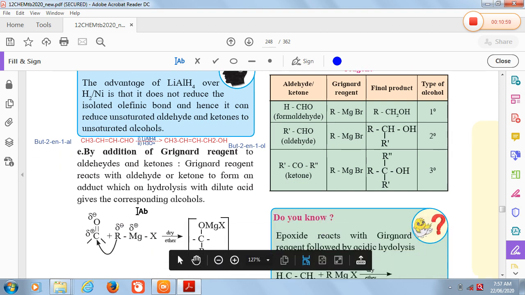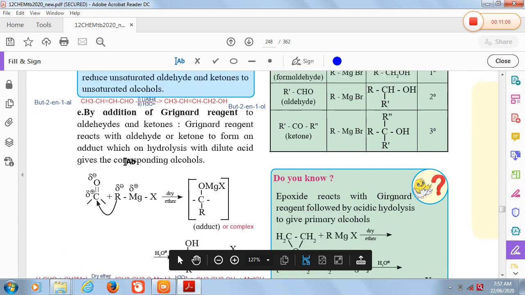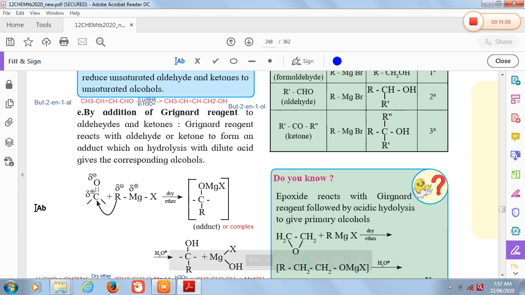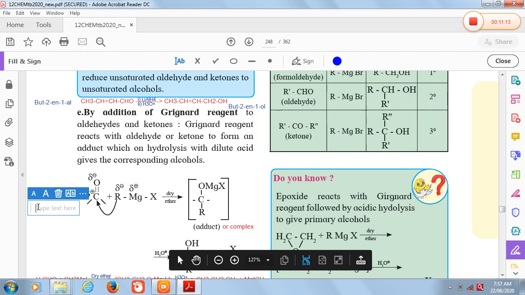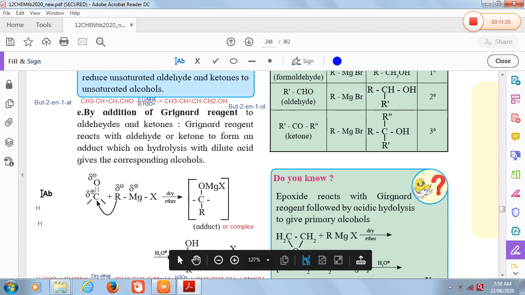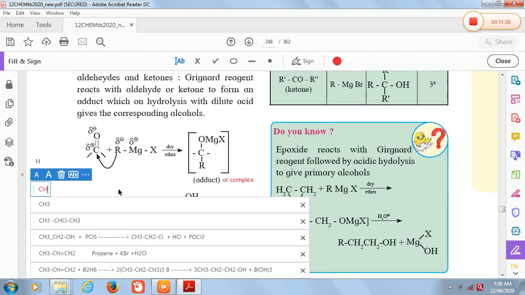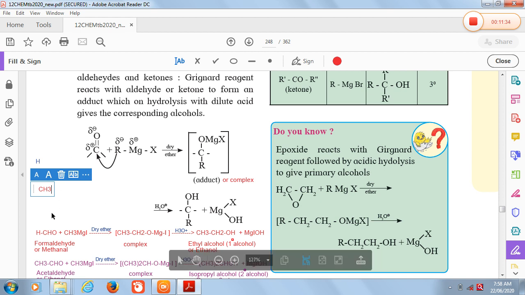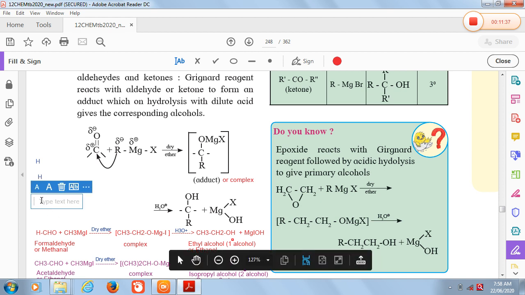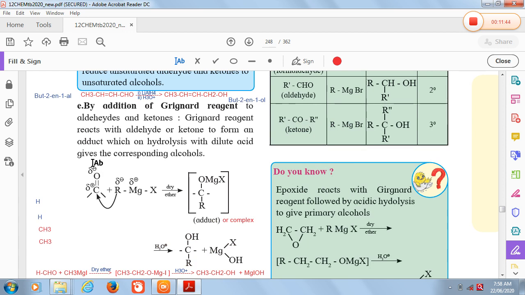Then the next reaction is the addition of Grignard reagent. We use Grignard reagent for conversion of your carbonyl compound into alcohol.